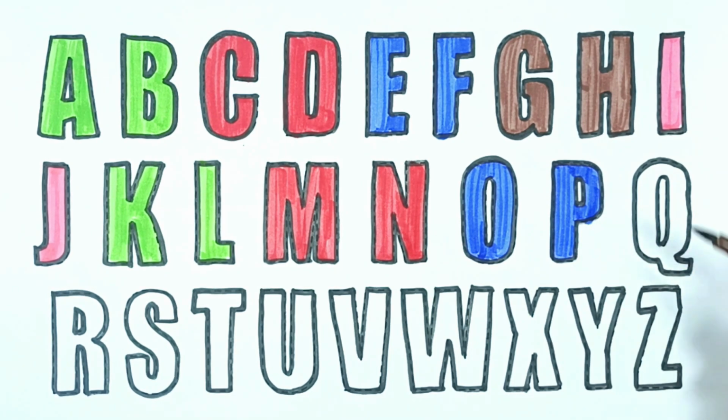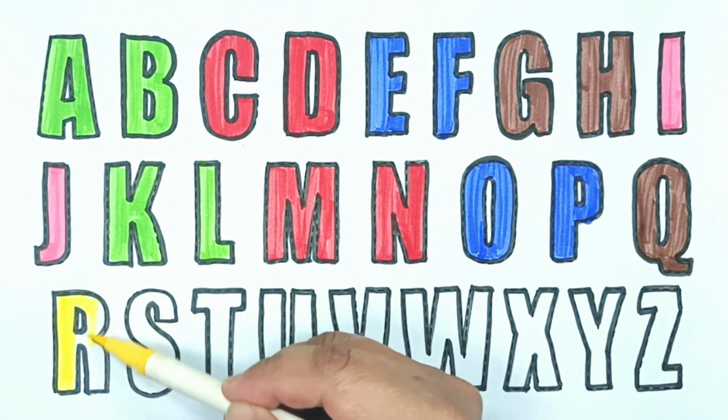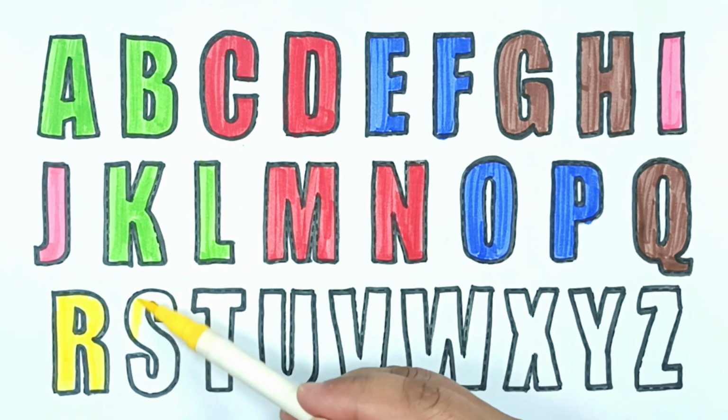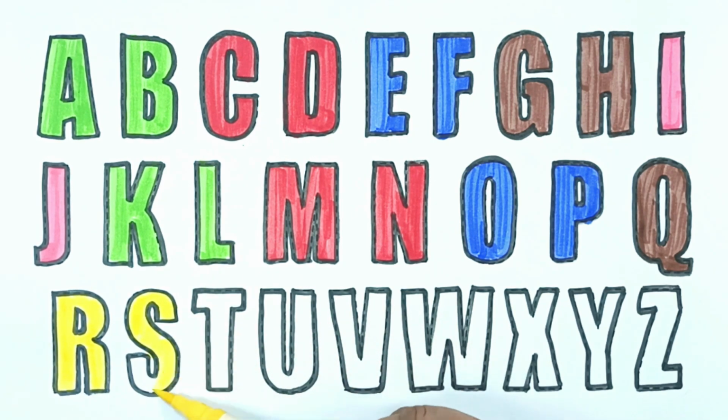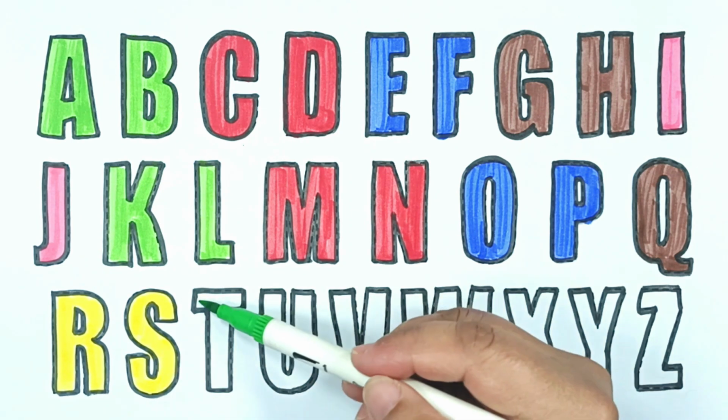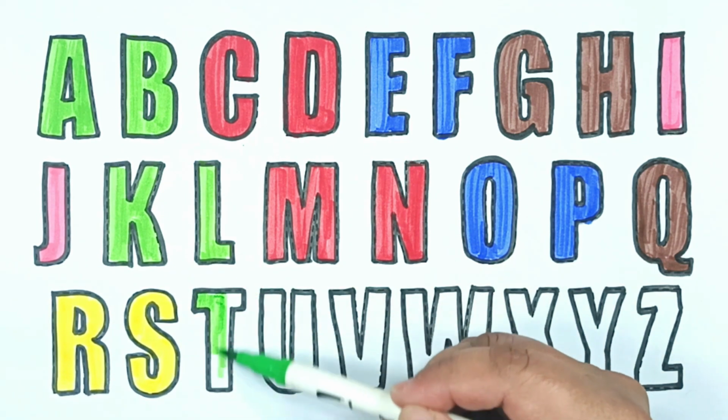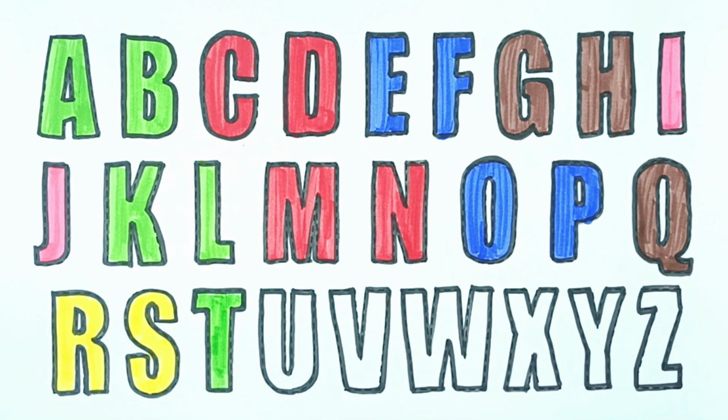P for pen. Q for queen. R for ring. S for star. T for train.